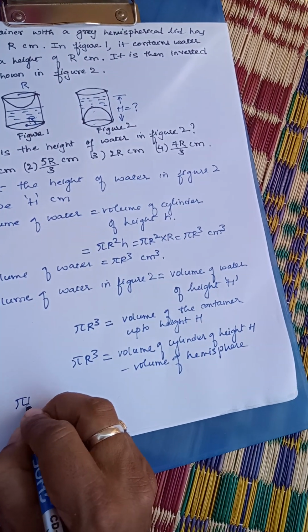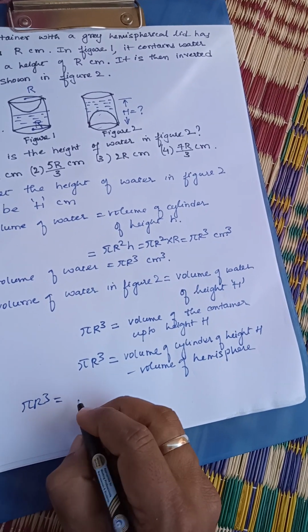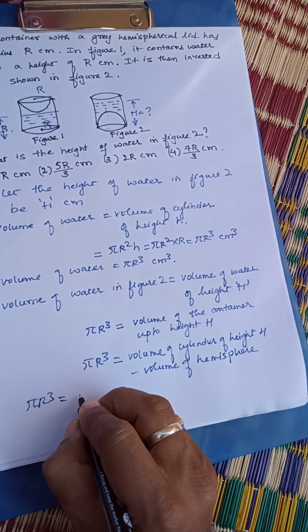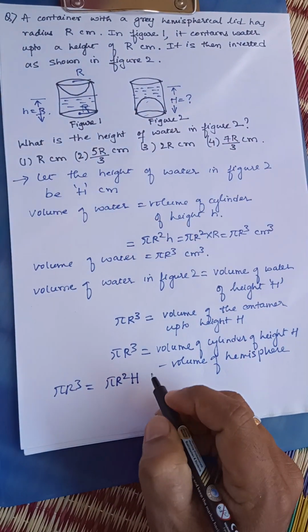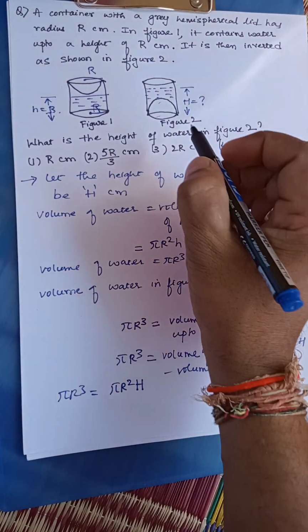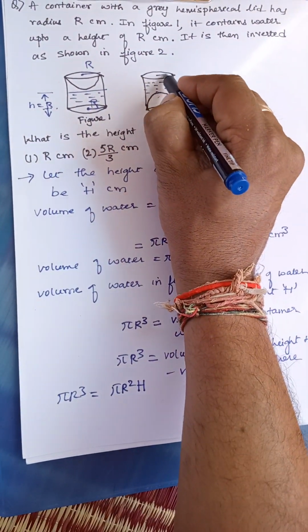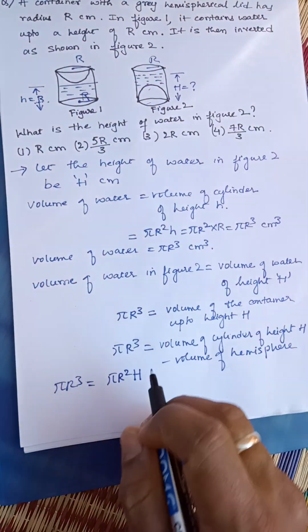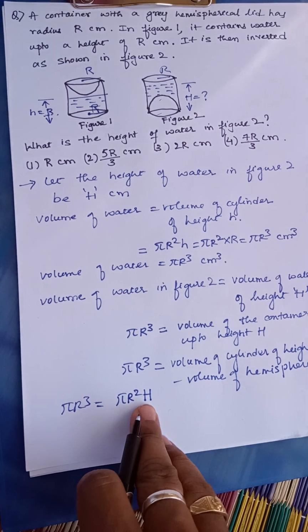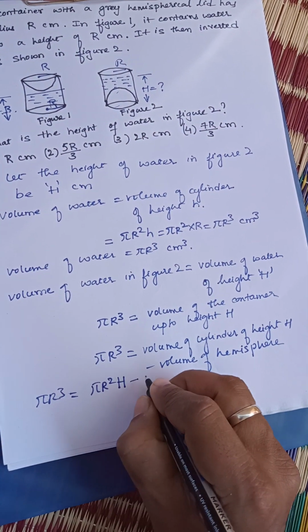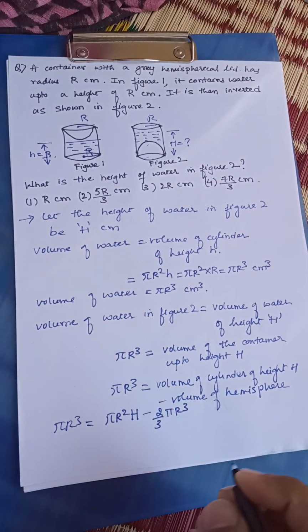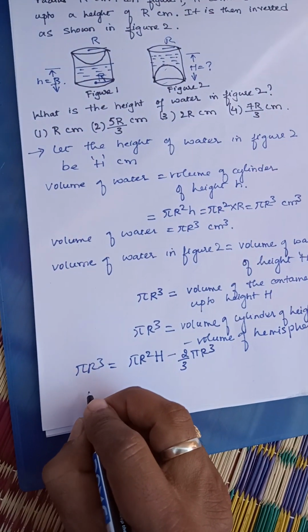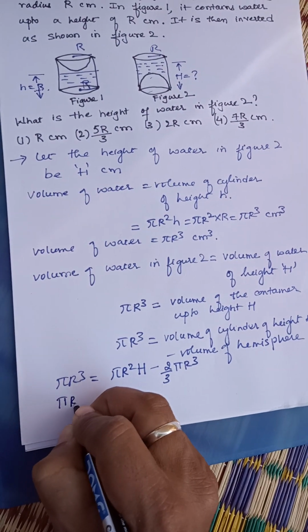So pi r cube is equal to volume of cylinder of height h, which will be pi r square h. Why r here? Because the same containers will have same radius. What is changing is the height. Now the height is not small h, it is capital H, minus volume of hemisphere as usual is 2 by 3 pi r cube. So we'll simplify this. This is pi r cube.